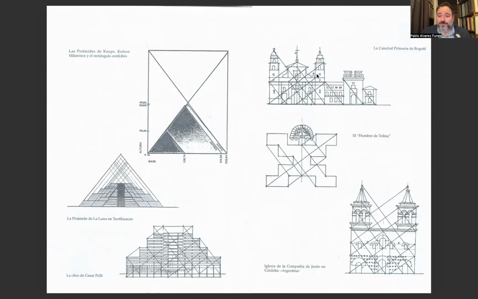They were people from Cordoba. The pre-Incan people, forget about them. Cordoba people. The Hombre de Tolina, Cordoba. And even, of course, Cordoba in Argentina. Who could it be? People from Cordoba. Cesar Pelli, Cordoba. Teotihuacan, Cordoba. Everything is Cordoba. So it can only get better.